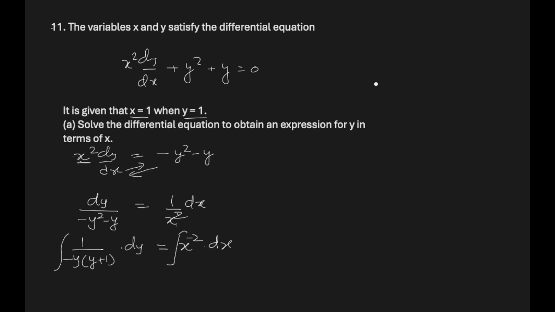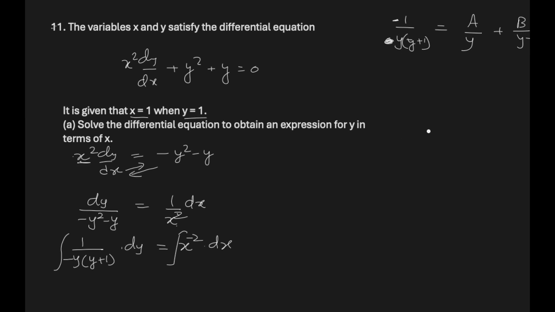So let's use partial fractions for this part. 1 over minus y and y plus 1. Let's assume this is equal to a over y, and this minus I can give here so that we get rid of the negative. So we can write a numerator also, y plus b over y plus 1.